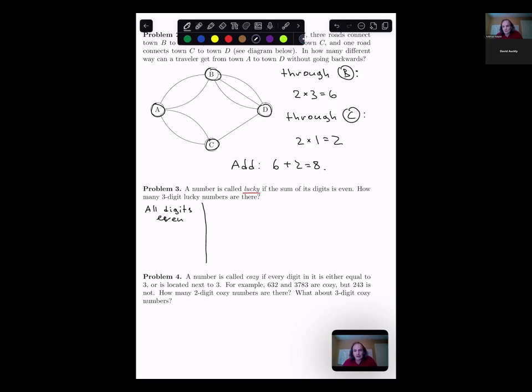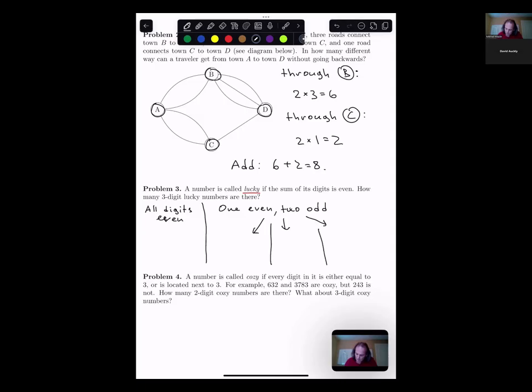Yes. Another option is one digit even and two odd. But I would suggest splitting this one further into three parts.